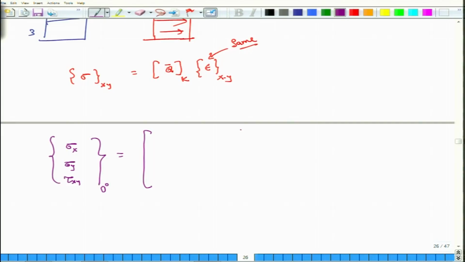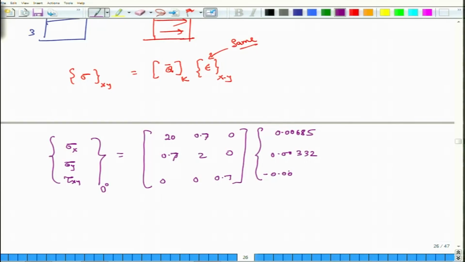This is equal to Q bar for the 0 degree layer, which we have already said is 20, 0.7, 0.7, 20, and 0.7 times the strains 0.00685, 0.00332 and minus 0.00784.